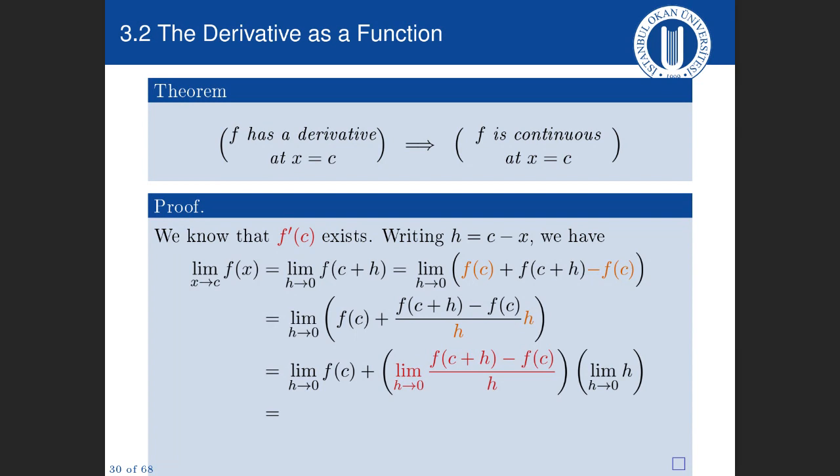We know what this red thing is. The red thing is f prime at c. And then finally, we have the limit as h tends to 0 of h. So that's f of c plus f prime of c multiplied by 0, which is equal to f of c. This proves that f is continuous at c.